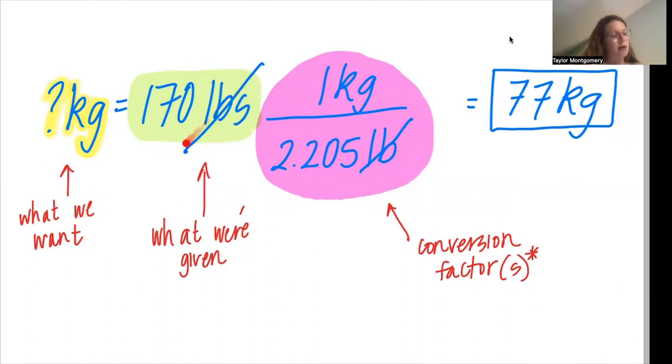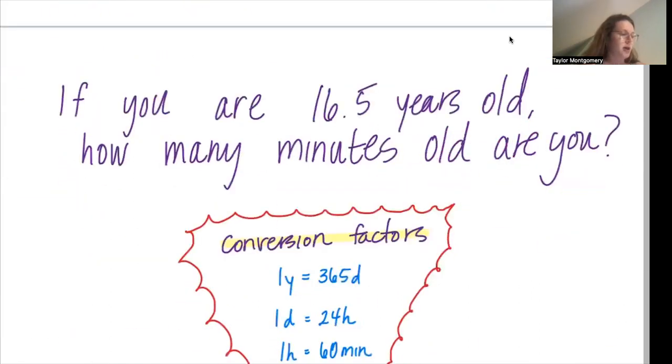So when I do that, pounds and pounds cancels, and I'm left with kilograms on the top. And then what we do is we multiply everything on the top and divide by everything on the bottom. So in your calculator, if you wanted to do this, you would do 170 times 1 divided by 2.205, and that gives you 77. So let's do some practice problems.